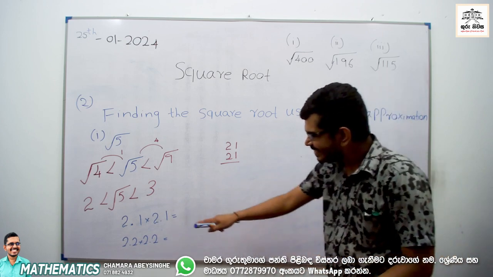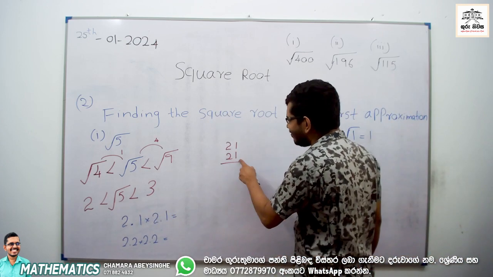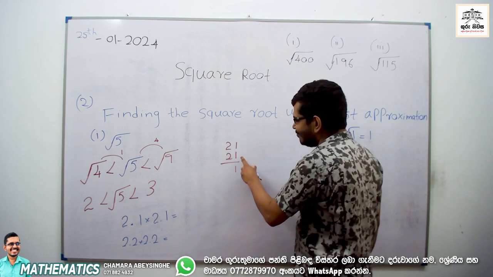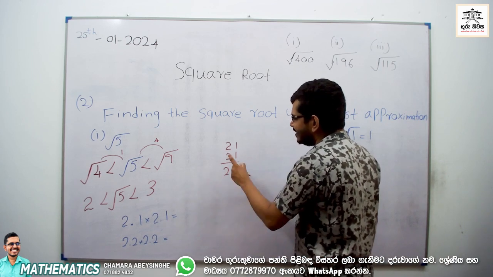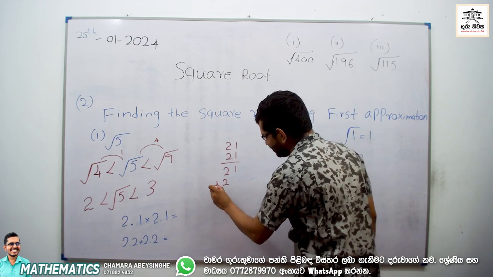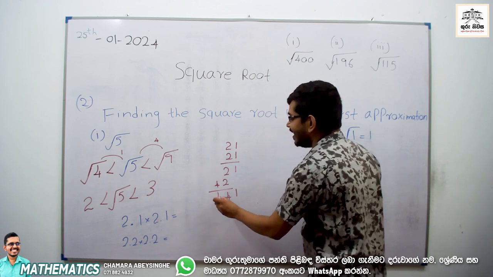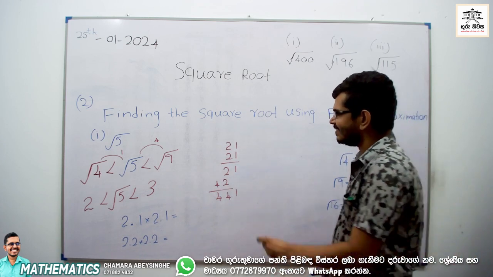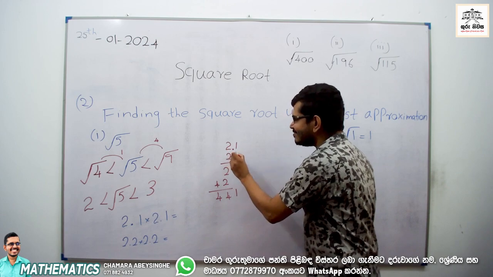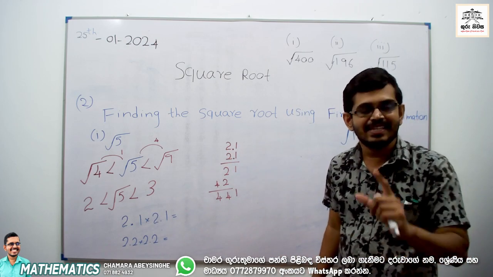Decimal number within 21 again. 21, we will multiply. 1 times 1, 1. 1 times 2, 2. 2 times 1, 2. 2 times 2, 4. 1, 2 plus 2, 4, 4. And an important point: 1 decimal place and 1 decimal place, so there are 2 decimal places in your answer.